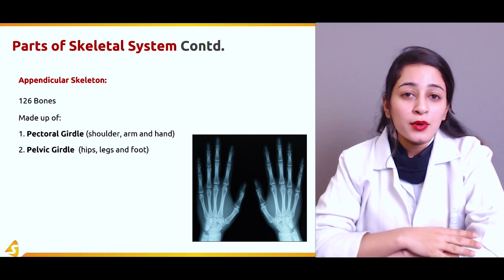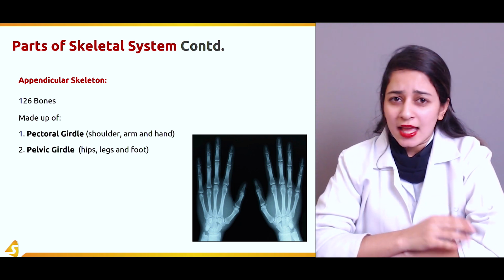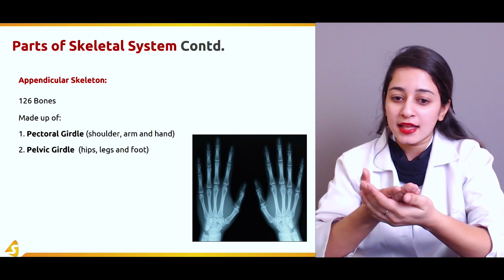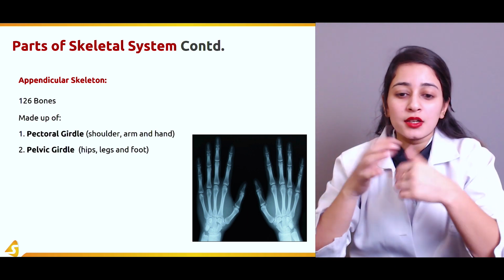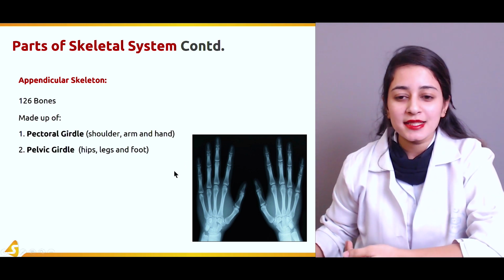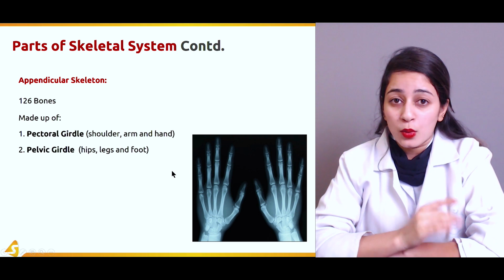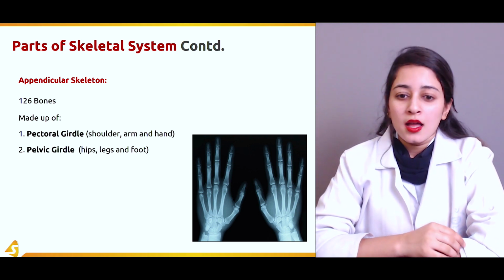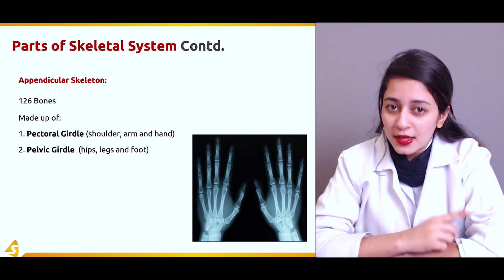Okay, now we have the appendicular skeleton. As the name indicates, it's appendages: your hands, your feet, your pectoral girdle, pelvic girdle. They make up your appendicular skeleton. So in total we have 126 bones in the appendicular skeleton, and in the axial skeleton we have 80 bones.